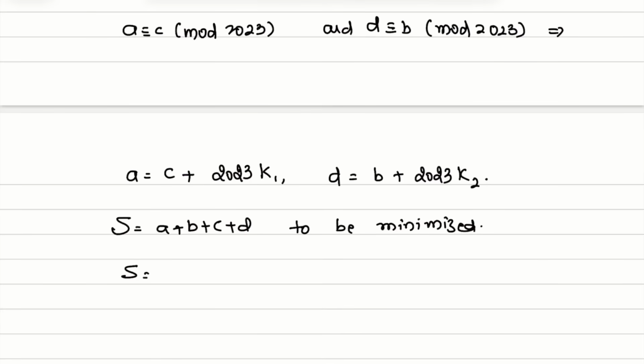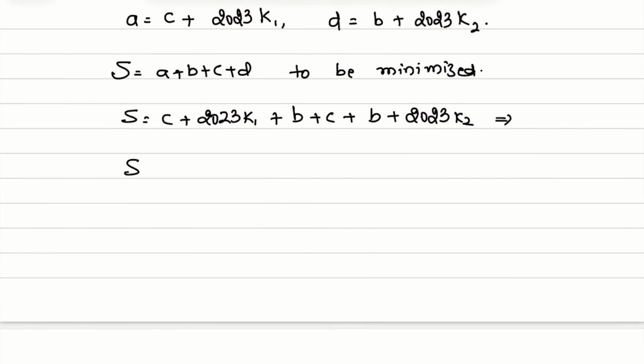S is equal to A, which is C plus 2023 K1, plus B plus C plus D, where D is B plus 2023 K2. That implies the total sum to be minimized will be 2C plus 2B plus 2023, which is common, times K1 plus K2.